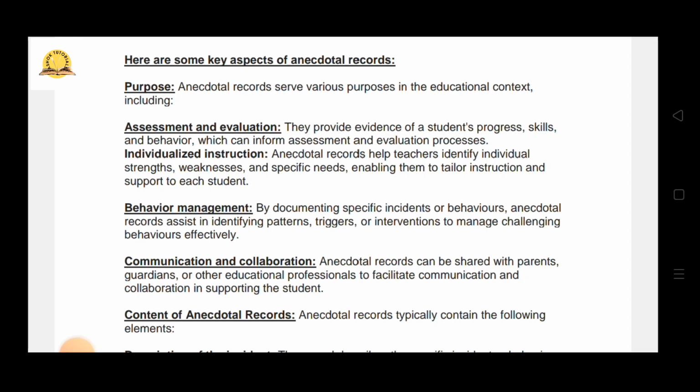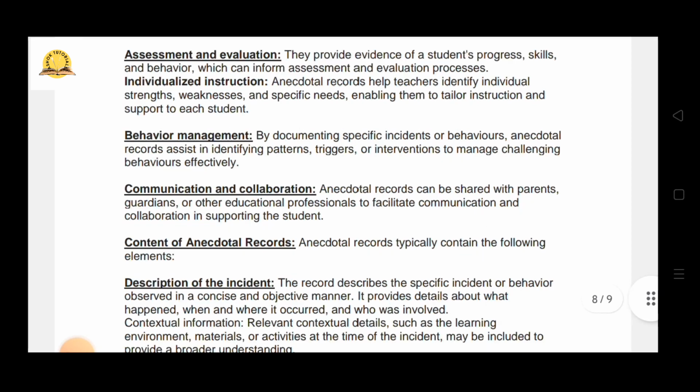Suppose somebody's father or mother is no more; that is an incident in that particular child's life. Maybe because of that the individual might be behaving in a certain way. All these incidents and happenings of different events in an individual's life are taken care of while making an anecdotal record.